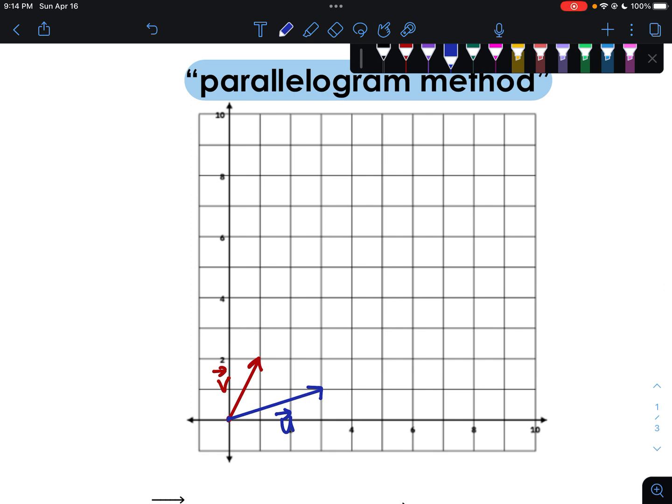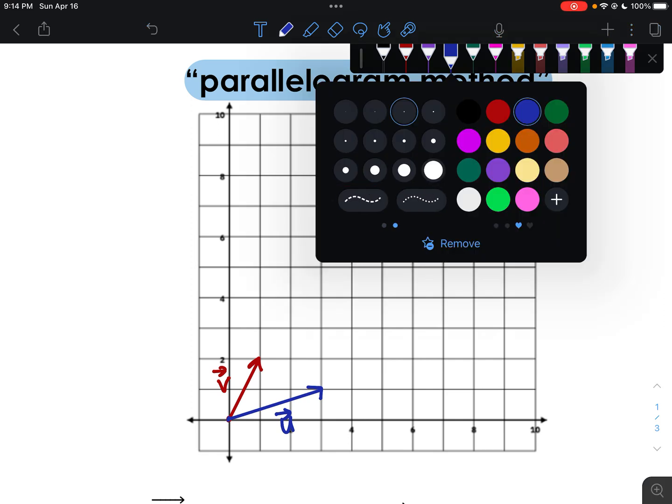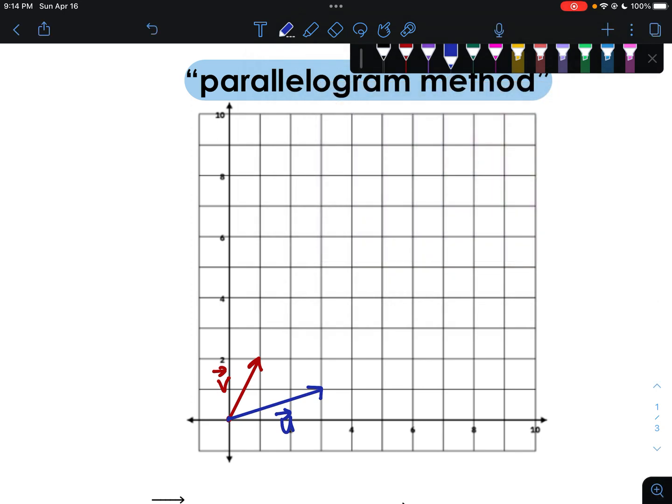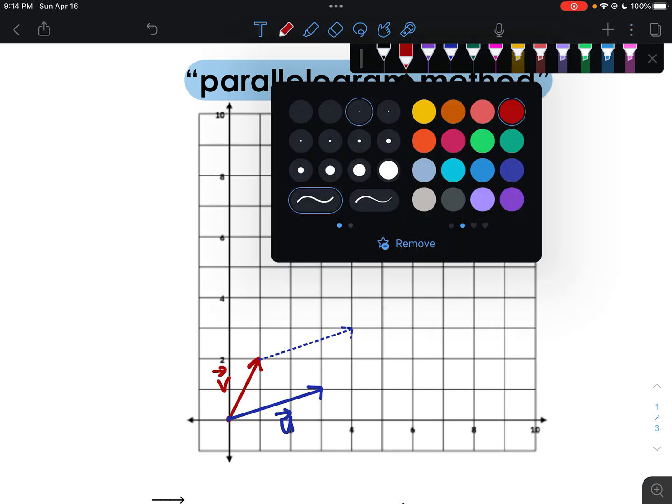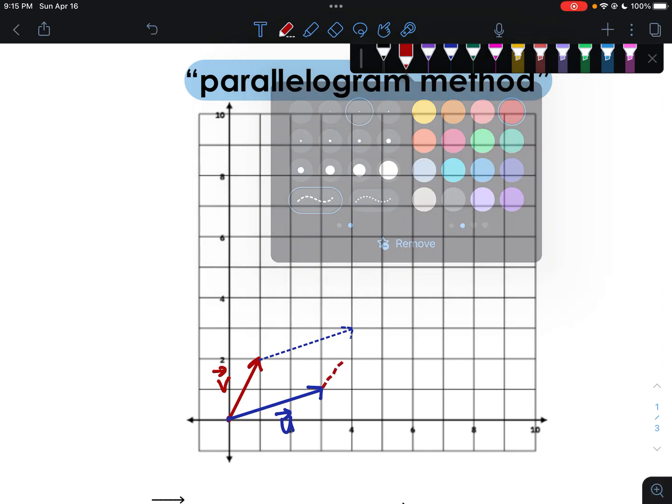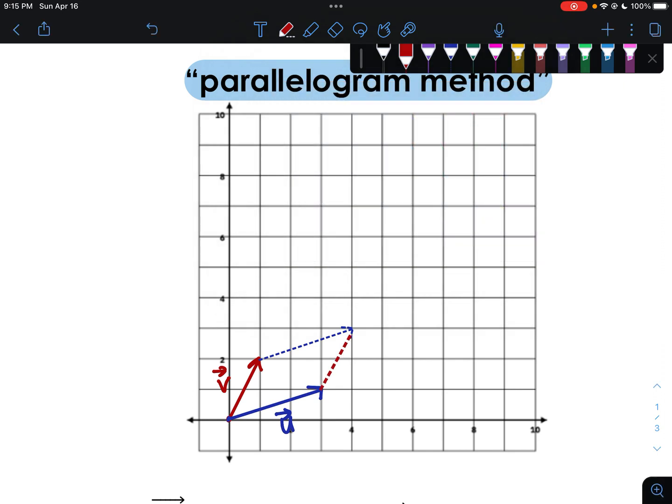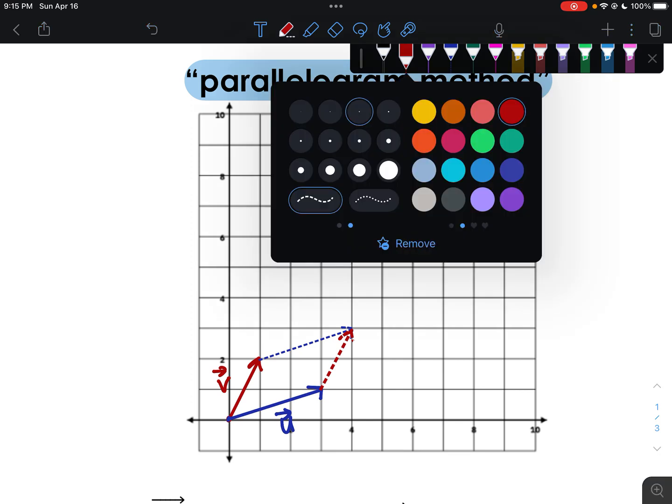I'm going to change my line to a dotted line so you can see it right there. So if I add u to v, it's going to go right there. And then if I add v to u, it's going to end up right there. And notice how it makes a parallelogram.